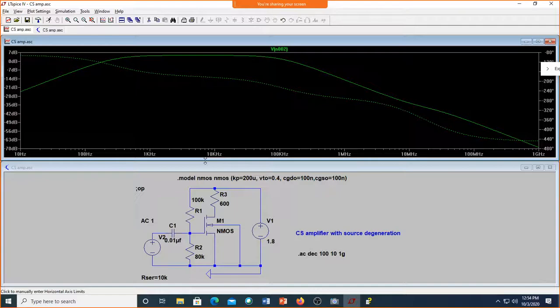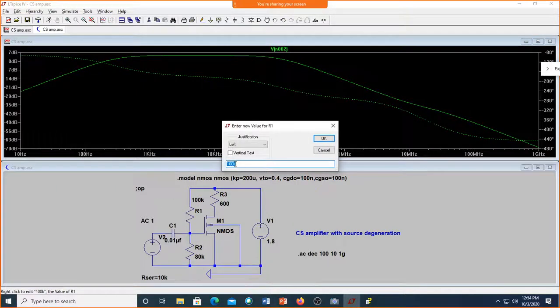What I mean to say is, the input impedance of an amplifier should be as high as possible. So I'll make this 1000K and I'll make this 800K.